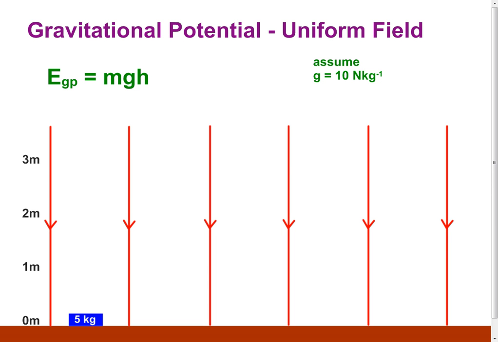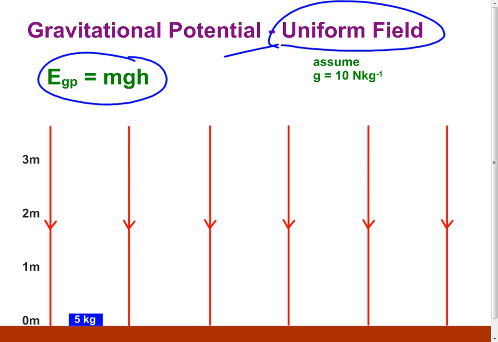And in this example, we can say that the gravitational potential energy is just going to be mgh, mass times gravitational field strength times height. Now this is only true in a uniform field, because g is constant. In general, this is not the case, but we can use this because we're in a uniform field.